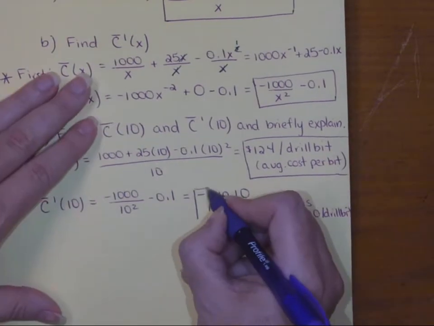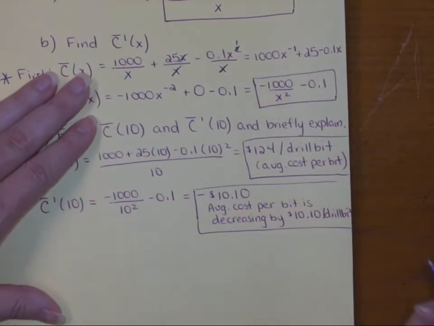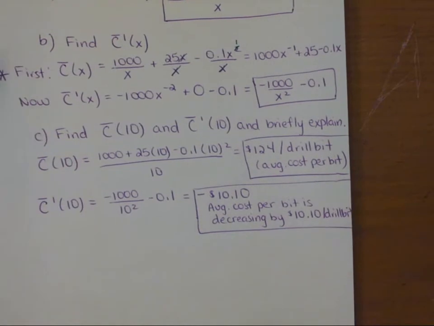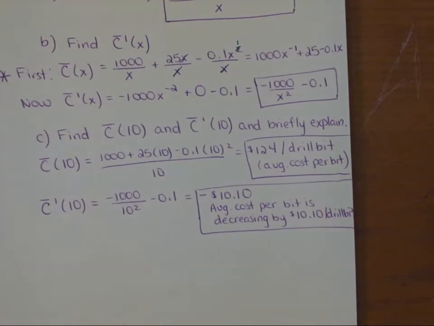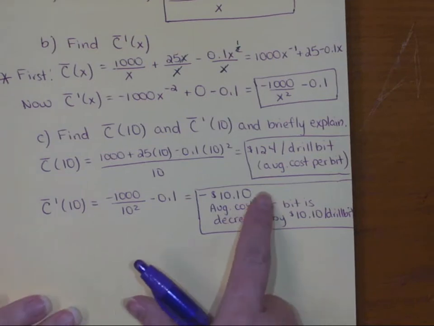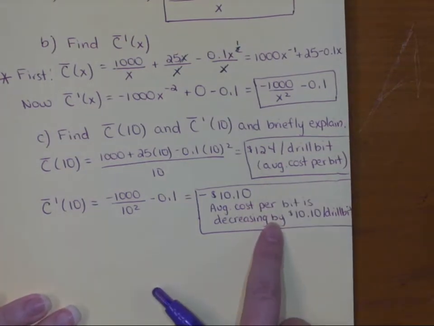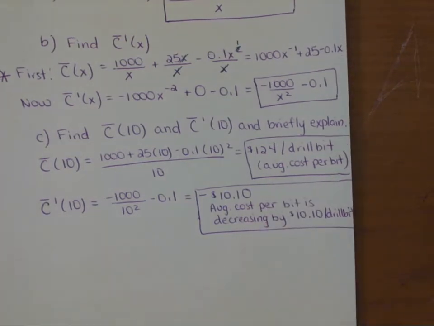So think of it like this. Most of the time in business, the more items you make, the less they each will cost, right? So as you produce more and more and more, each one's going to cost you less and less. So when I say briefly explain, this is what I'm looking for. Just a quick little snippet of what you think the answer means.